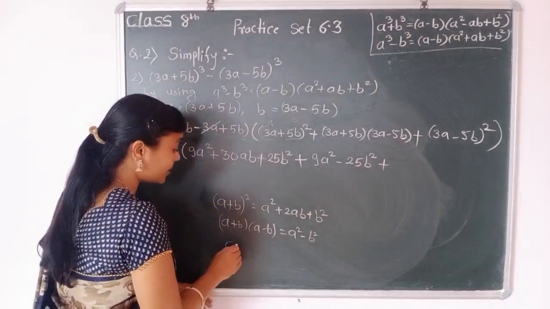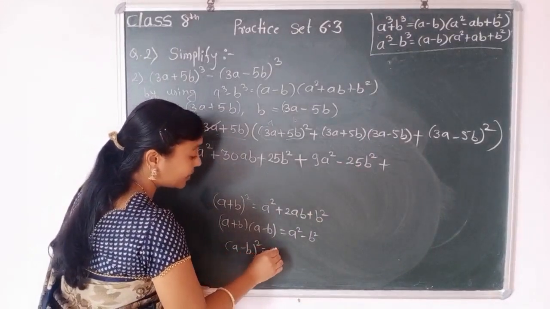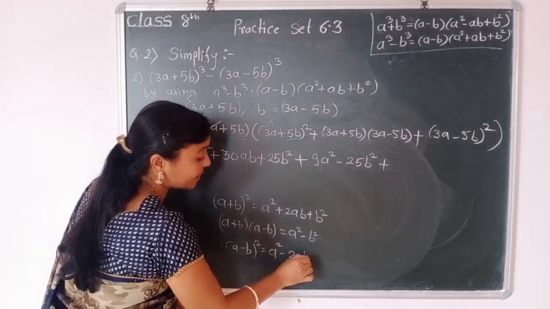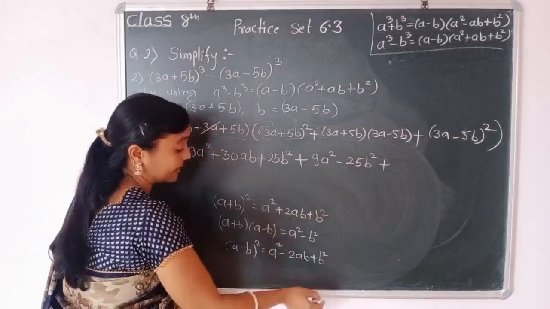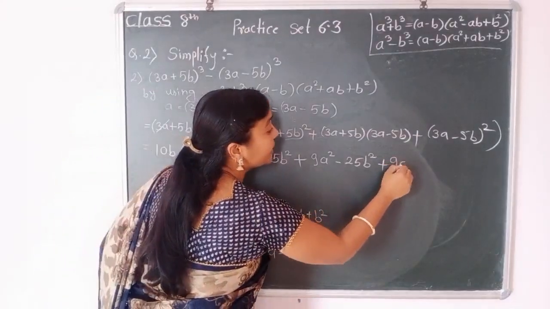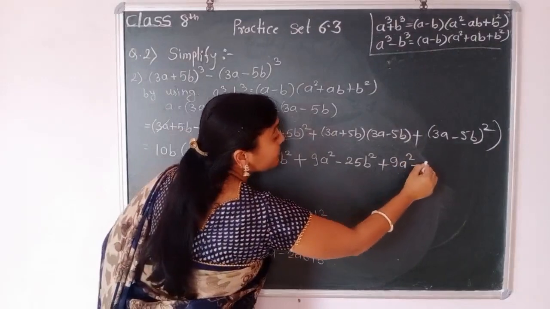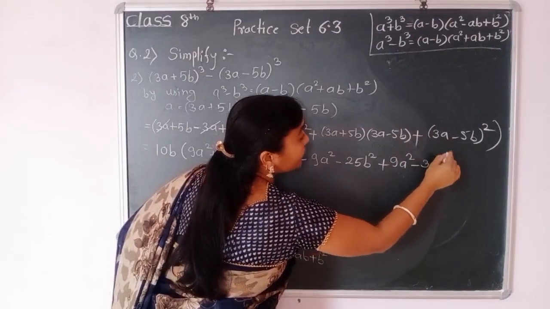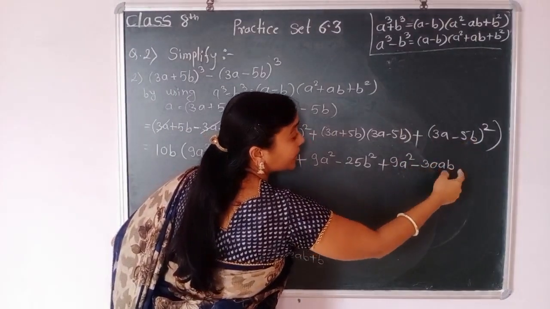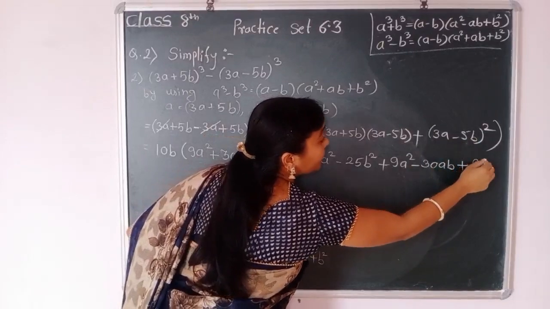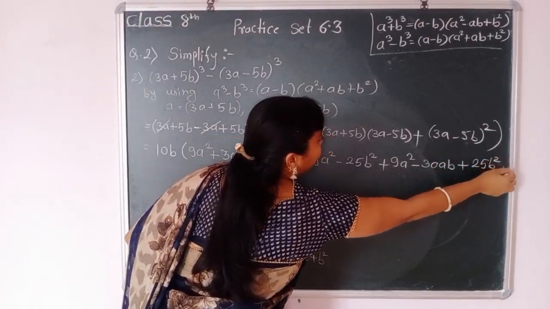Again we use a minus b bracket square: a square minus twice ab plus b square, meaning 9a square minus 30ab, 5 times 3 is 15, 15 times 2 is 30ab, plus 25b square.